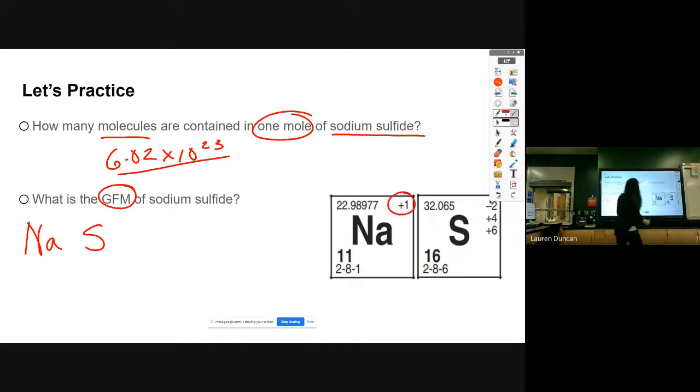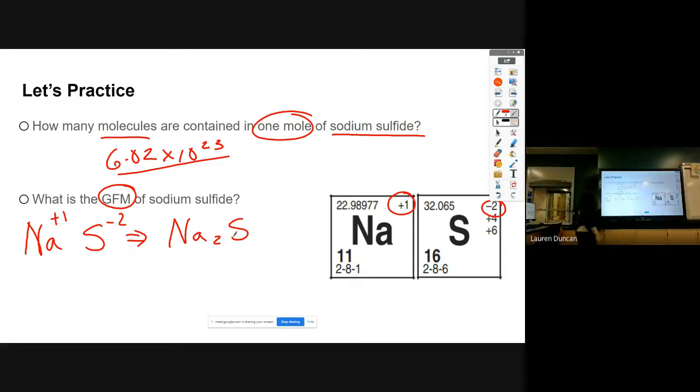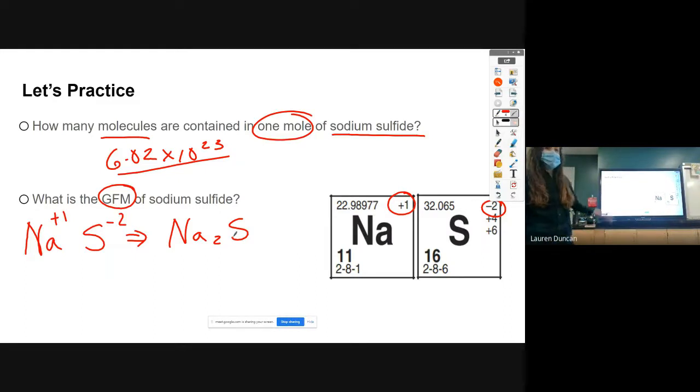Sodium is +1 in terms of its oxidation state. Sulfur's only negative oxidation state is -2. Whether you use logic or the cross-down trick, you end up with 2 sodiums for every 1 sulfur. So I'm going to find the mass of 1 mole, 6.02 times 10 to the 23rd particles of Na2S.